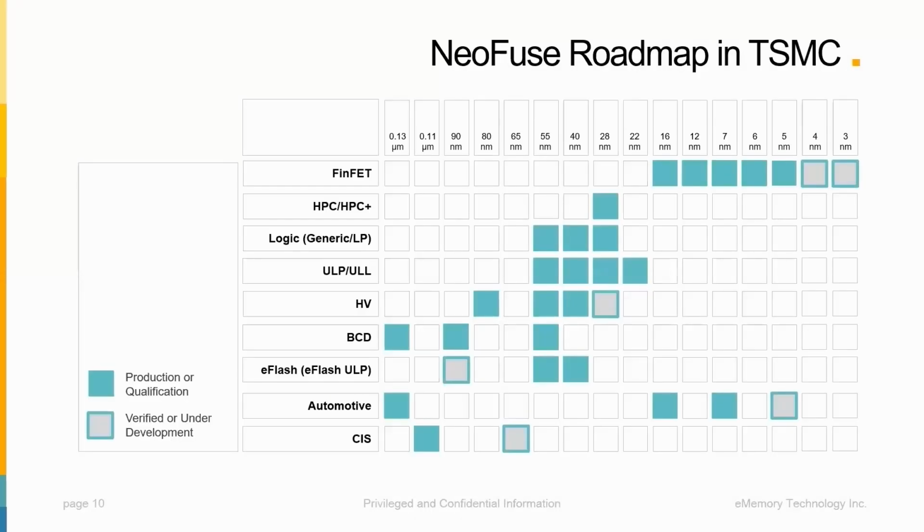Today, world-leading semiconductor foundries continue to explore the possibilities for shrinking electronic devices, pushing the advancement of technology nodes, which in turn adds greater functionality onto a single chip at a reduced size. NeoFuse has been following this trend of rapid technology advancement, providing reliable and safe NVM data storage, from mature technology nodes such as 0.13 micrometers down to one of the most advanced technology nodes, the 5nm technology.